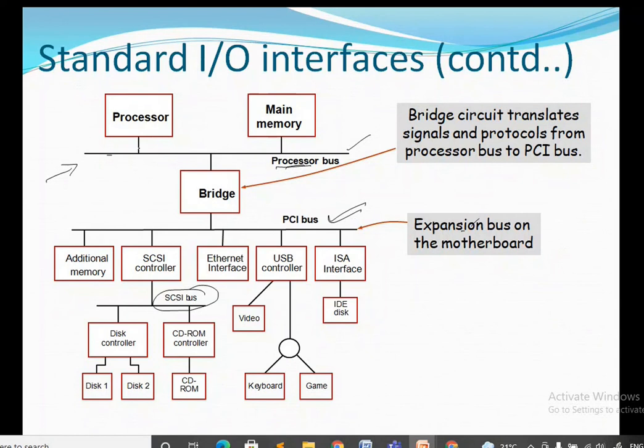I am not going to touch upon the processor bus again. We are going to discuss the other types of buses used to connect to the main or processor bus. Here we have selected the PCI bus, which is also called the expansion bus on the motherboard.